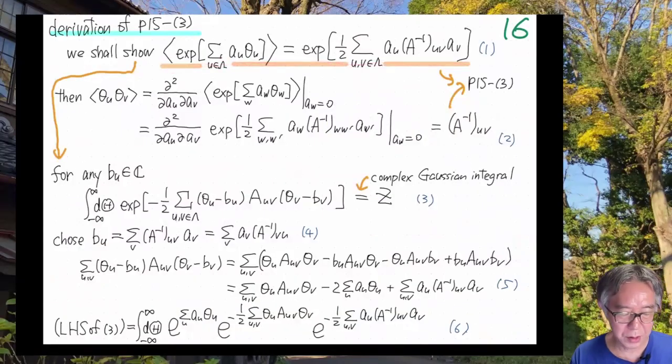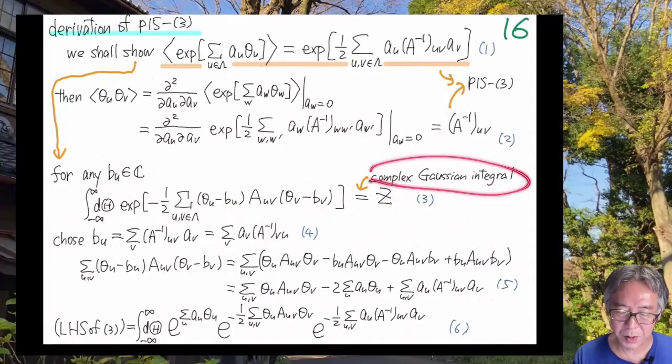Well, this is not very difficult. First of all, I claim that for any BU which is complex, this integral here is exactly equal to Z. If b were real quantities, then this is just obvious. You just make the change of variable. But when b are complex, then it's not so easy.